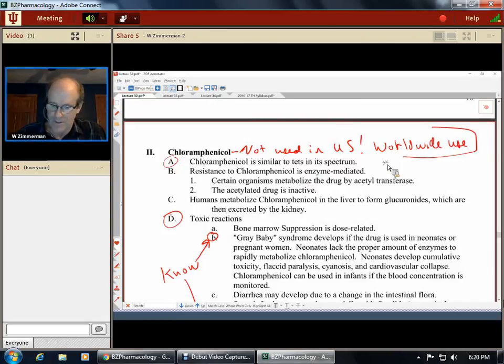And that's why you might see it on your boards. But if you can keep in mind, it's a protein synthesis inhibitor. You don't want to use it in babies, pregnant women, because of this gray baby syndrome. And there's this strange, unpredictable aplastic anemia.